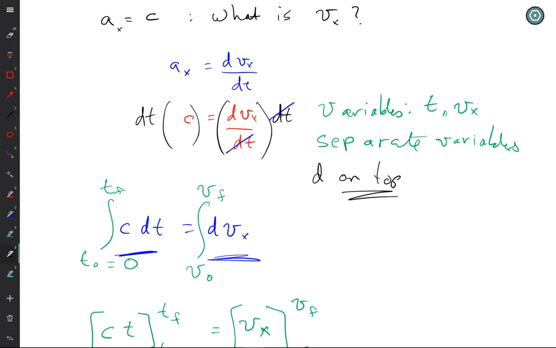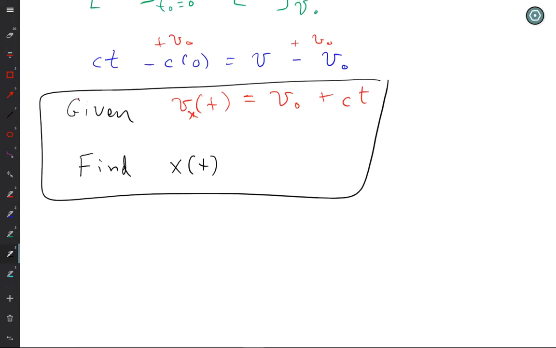Which variables are in that equation? Speed and time, those are the two variables. And keep in mind, v0 is not a variable, that's a constant, it's the starting speed. So it's vx and t are the two variables.